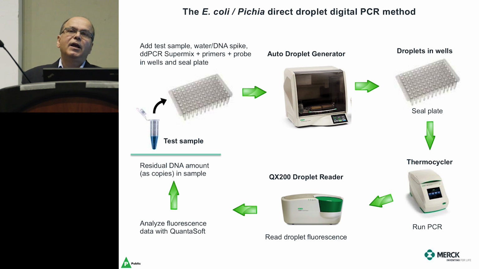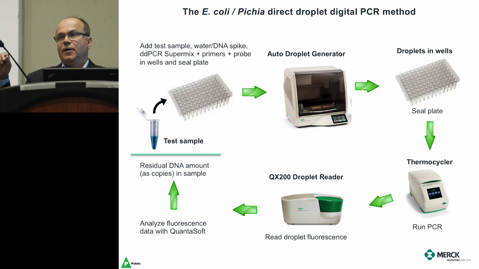And at the end of the reaction, you don't monitor the progress of the reaction during the PCR. At the end, you look at the droplets. And you have put some fluorescence dye or probe that fluoresces with PCR.